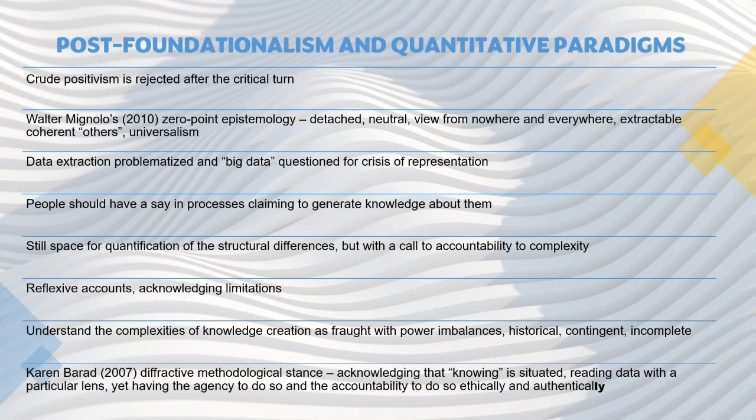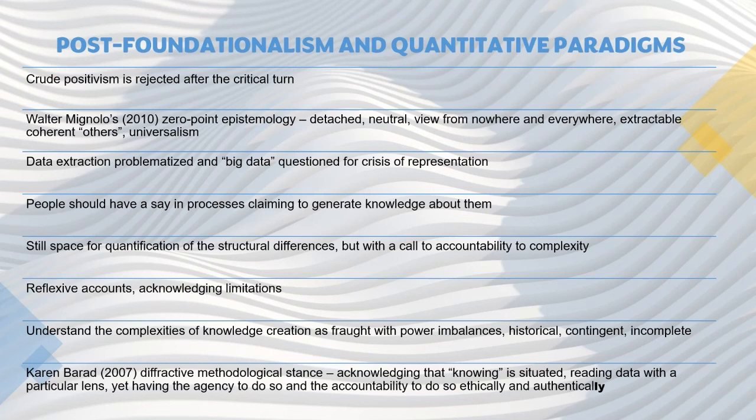In other words, if I go quantification, I should at least ask my gatekeepers to look at my questionnaires to see whether this actually is suitable and whether I will represent them in an ethical way. There's still space for quantification then of structural differences between people, but there's a call to accountability to the complexity.